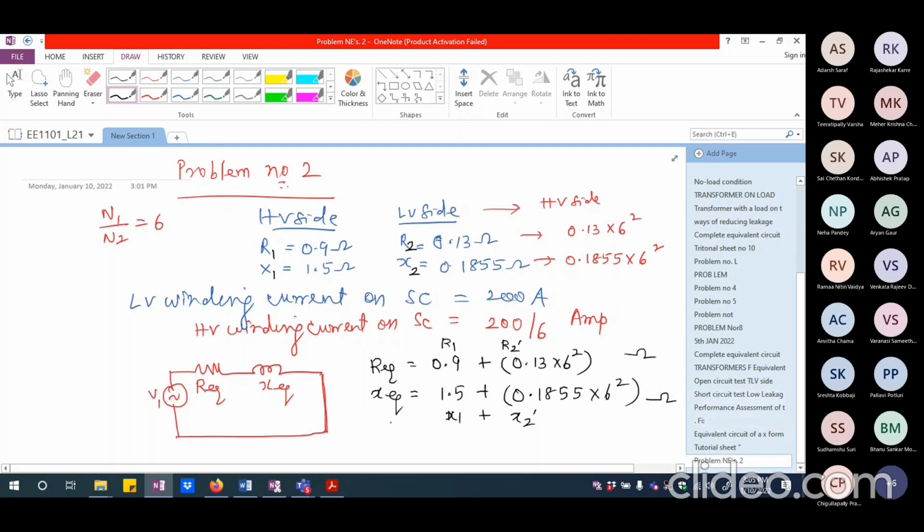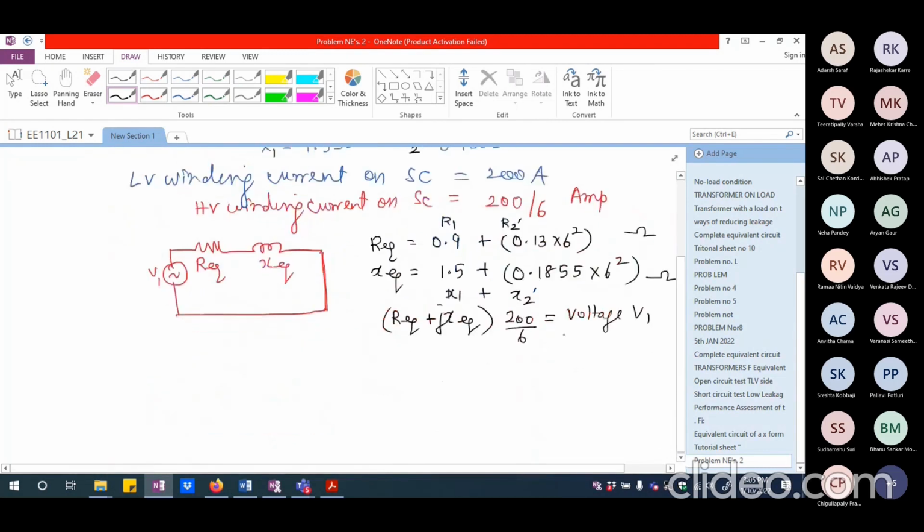Now that you have R equivalent and X equivalent, I can simply say R equivalent plus J X equivalent multiplied by 200 divided by 6. That is going to be the voltage V1 to be applied. This is to be applied from the high voltage side, on short circuit.